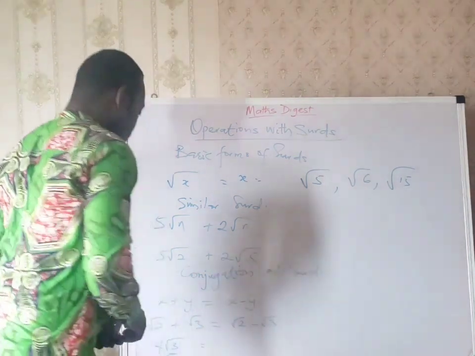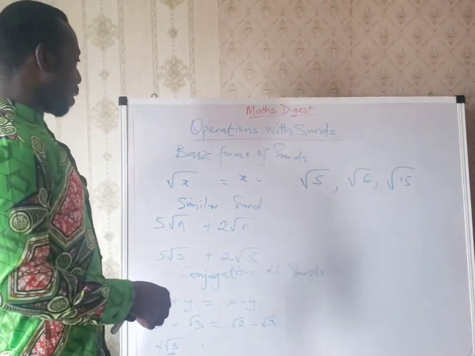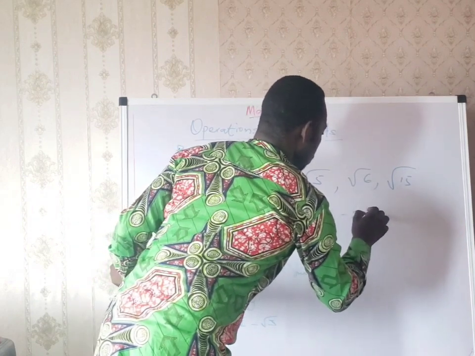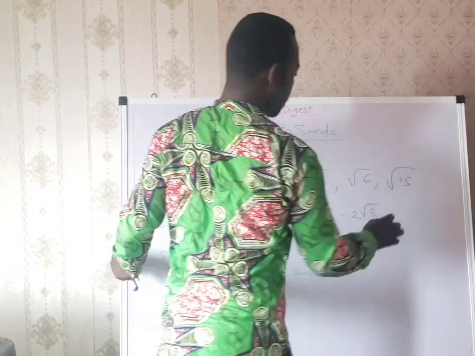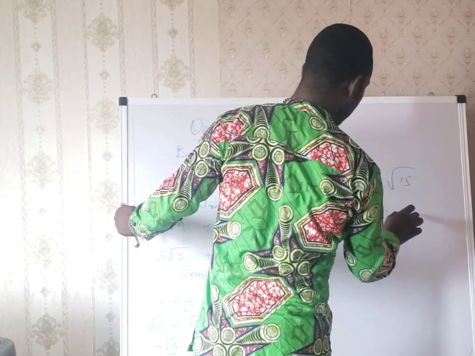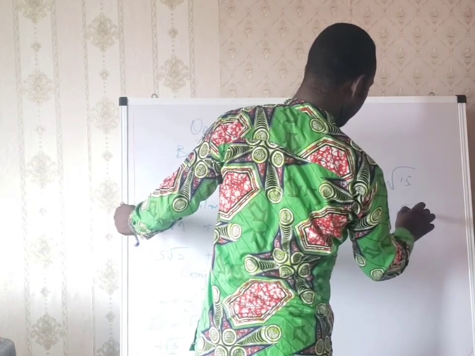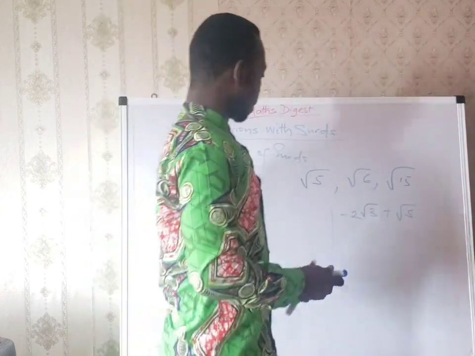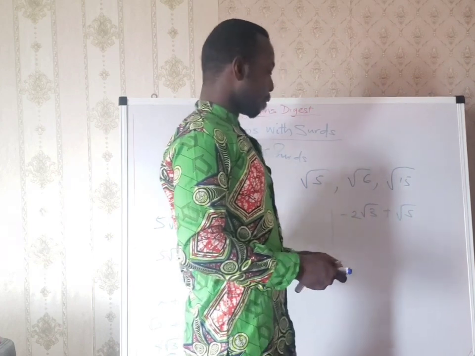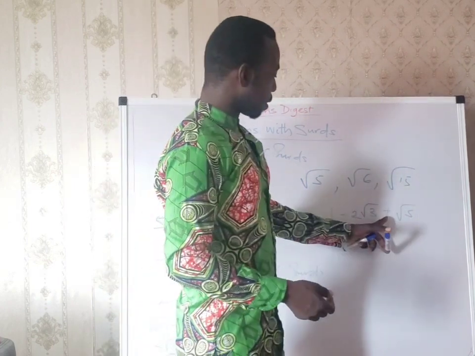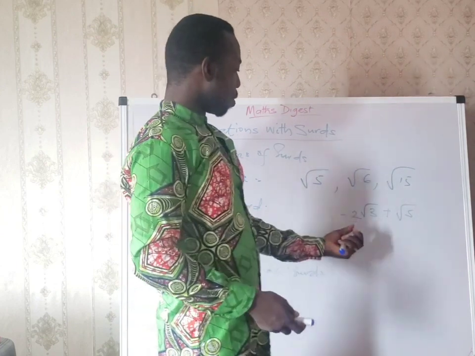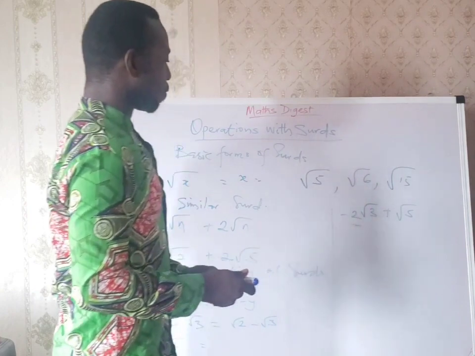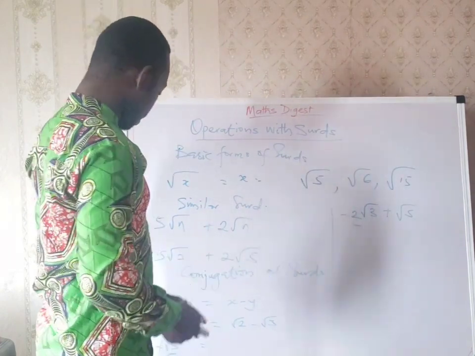Now, if you are given maybe minus 2 root 3 plus root 5, the sign can only affect this side, and in a case like this, you are going to involve this in solving.